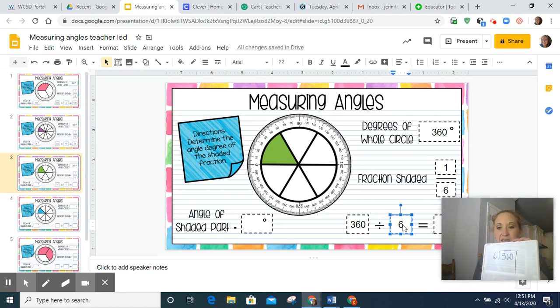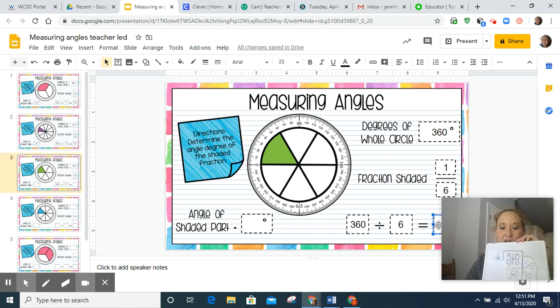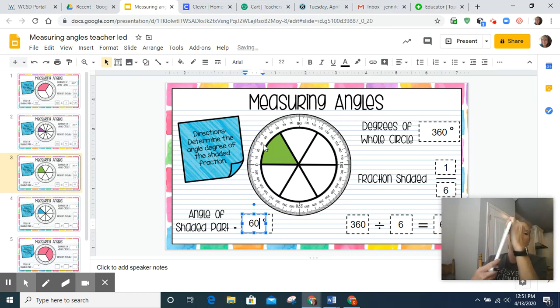I can take away groups of 6 if I'm not sure. If I know 6 times 50 is 300, I can take away 300. I have 60 left. I know that's 10 more. See how good I am at writing upside down. So that would give us an answer of 60. So I would come here, even though you can't see it, I'd type 60 there. And then we know that this is also a 60-degree angle, okay?